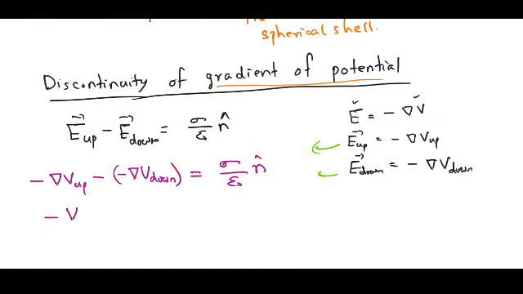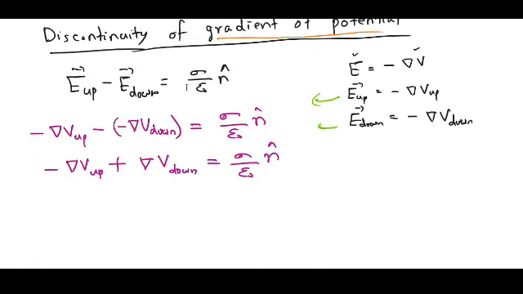That is minus del V up plus del V down equal to sigma divided by epsilon 0 n cap. If I multiply by a minus sign, I get del V up minus del V down is equal to minus sigma divided by epsilon 0 n cap.